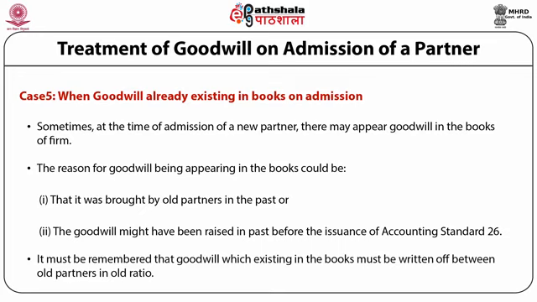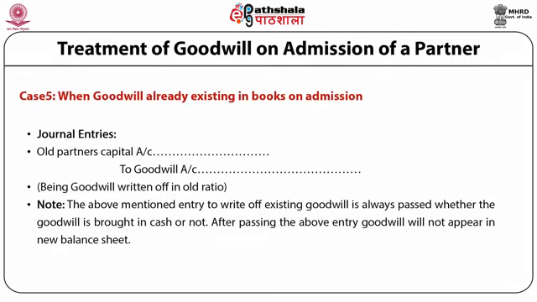It must be remembered that goodwill which exists in the books must be written off between the old partners in the old ratio. The entry will be old partners' capital accounts debited to goodwill account, in the old ratio. The above mentioned entry to write off existing goodwill is always passed, whether the goodwill is brought in cash or not, and only after passing the above entry will goodwill not appear in the new balance sheet.